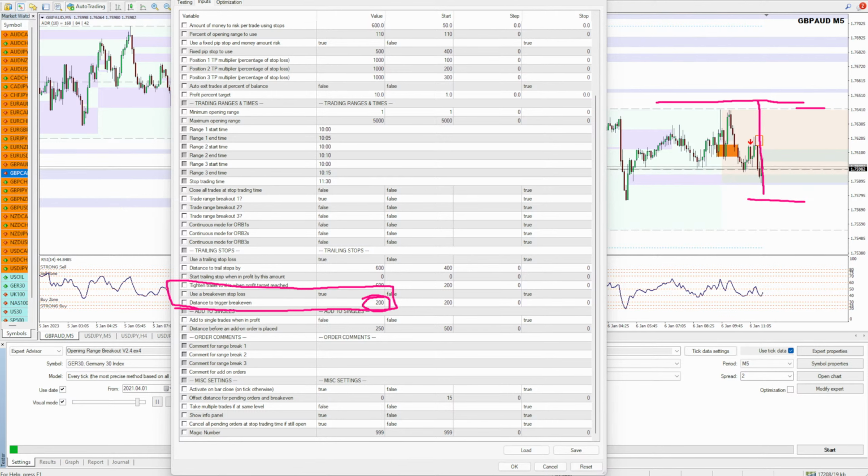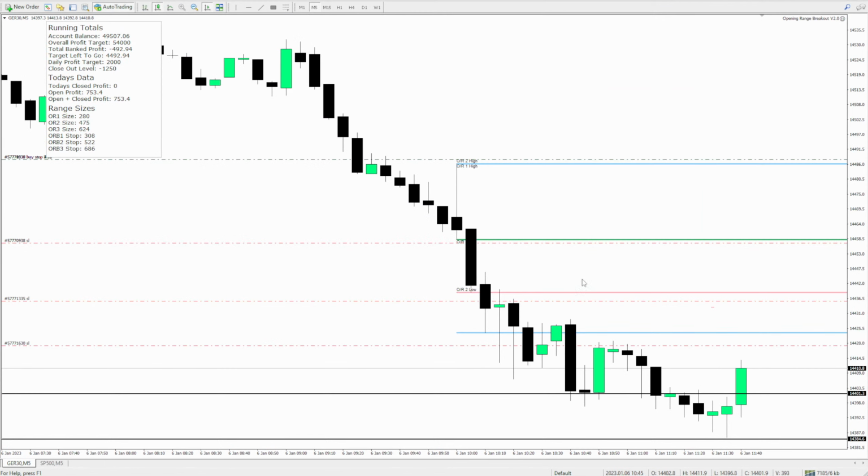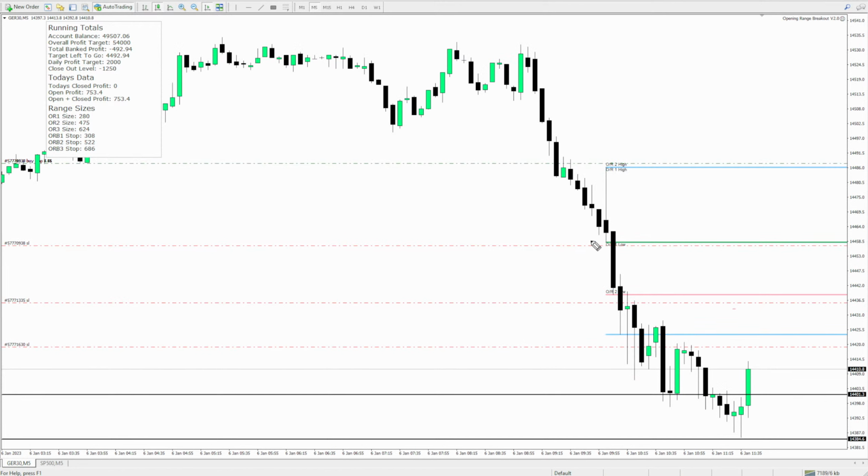If it's taken 3 trades, for example, as we did here, we took one there, and one there. It moves every individual stop. So when we push down 20 pips, that one will break even.